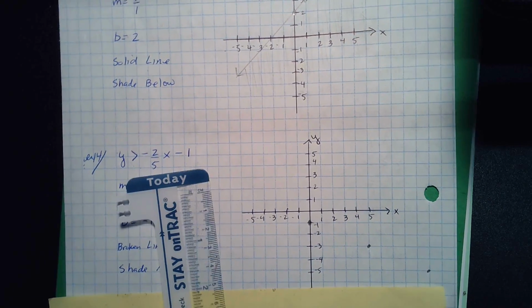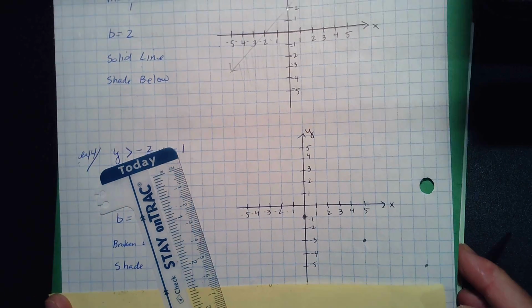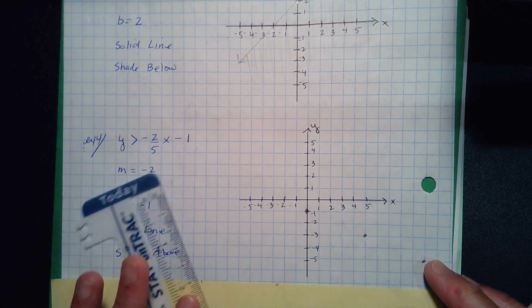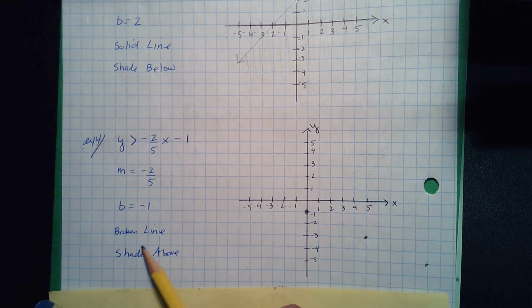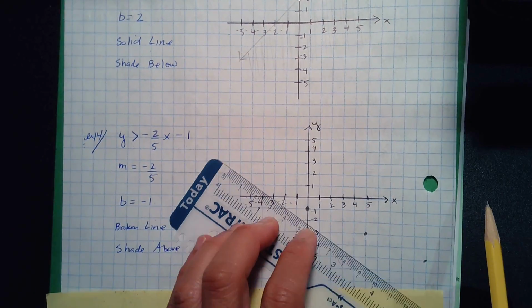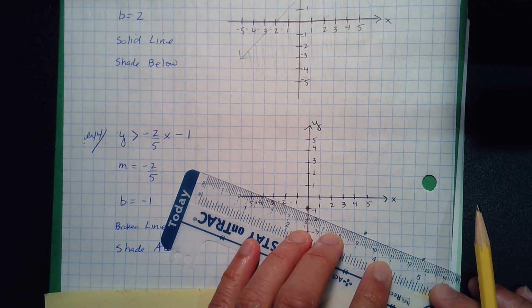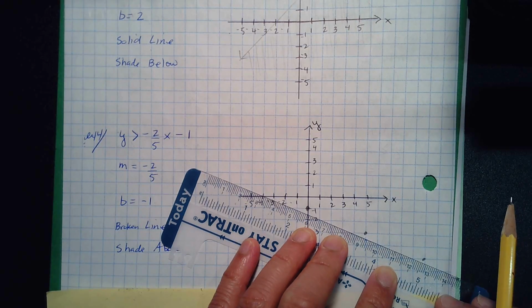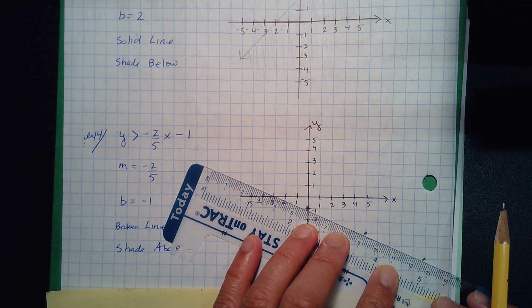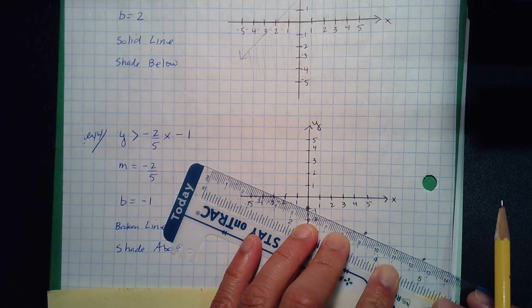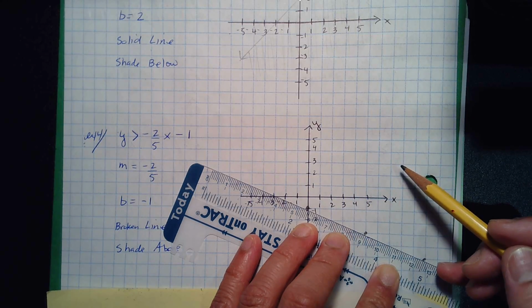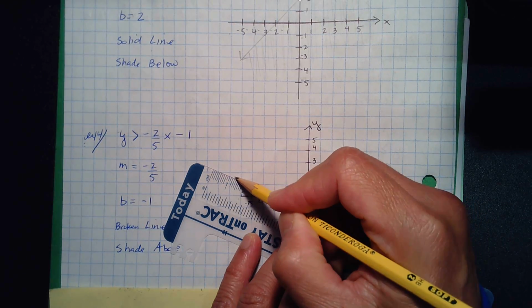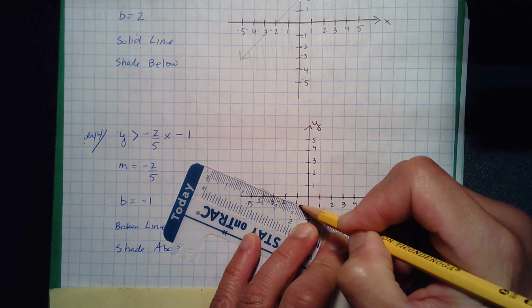All right, and in this problem, we said that the line is broken. It's a broken line because there's no equal sign. So the equal sign determines whether the line is going to be broken or solid.